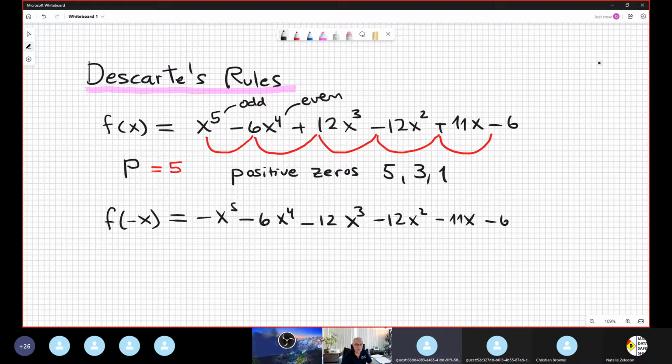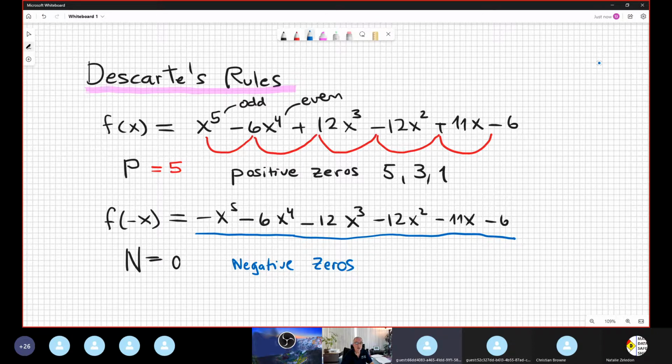You define a capital M, which is the amount of change of sign in the polynomial after the reflection, and you get 0 because everything is negative. So no change of sign. That means this polynomial has no negative zeros.